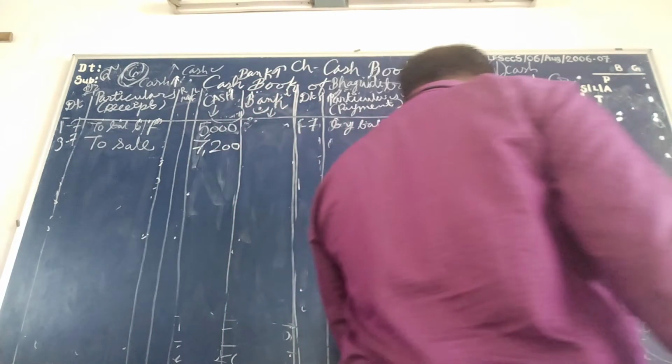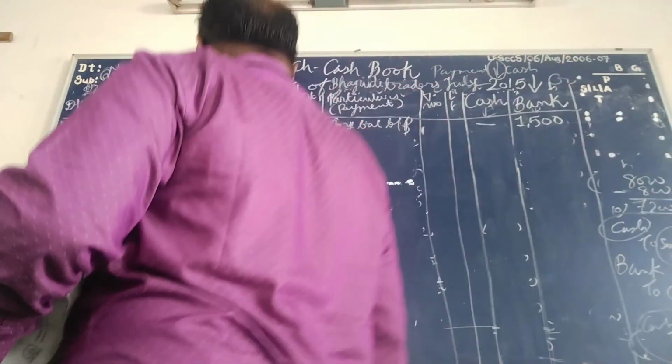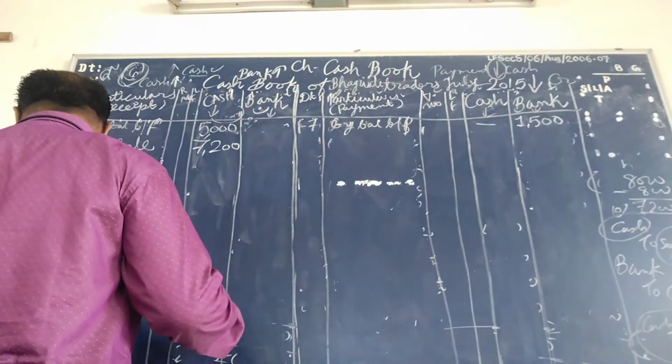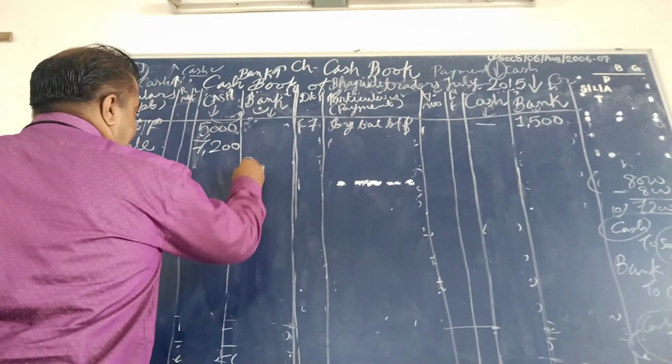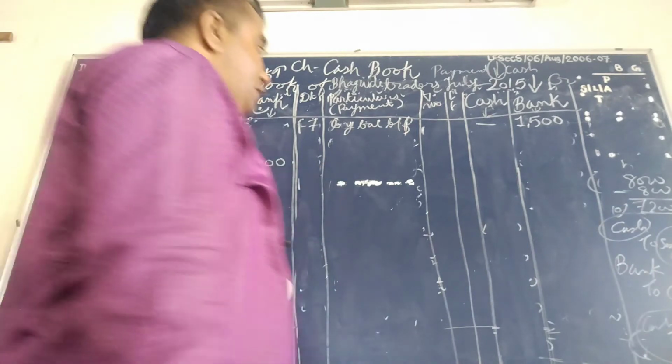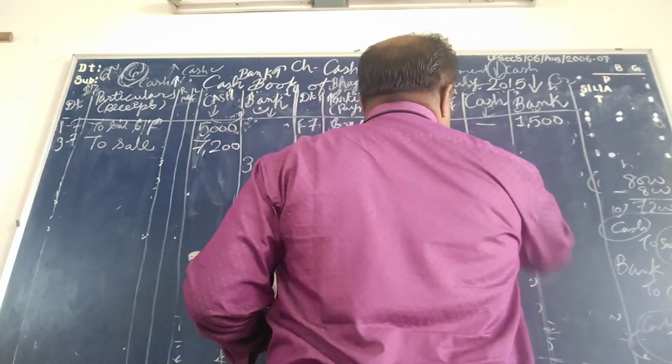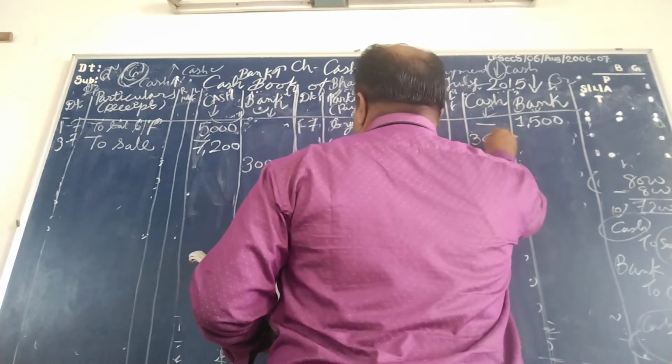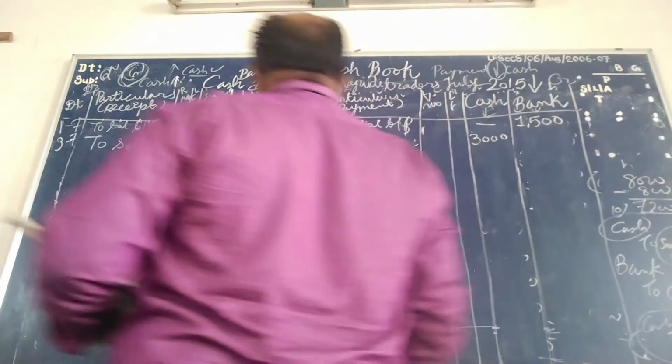Okay, here we deposited 3,000 in the bank. So bank balance increased by 3,000, so here we write 3,000. Bank balance increased and simultaneously cash decreased. It is 3,000.